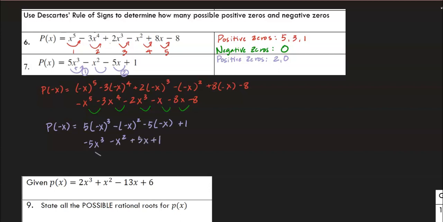Let's look at the sign changes. No sign change here. We have one sign change there. So for the negative zeros, it's just 1. I mean, if we reduce that by 2, that's going to be a negative number. We can't have a negative count of something. Got it? Got it? Good job, guys.